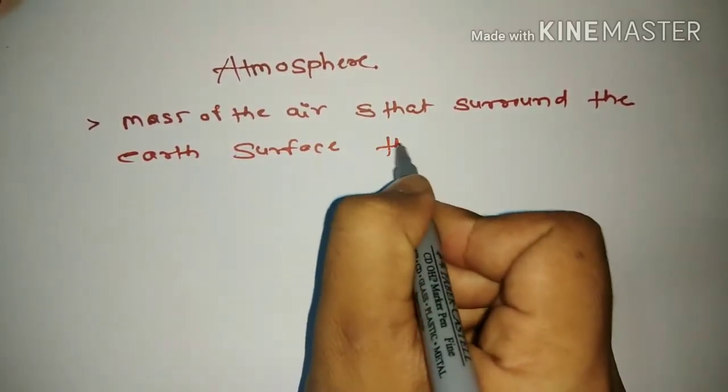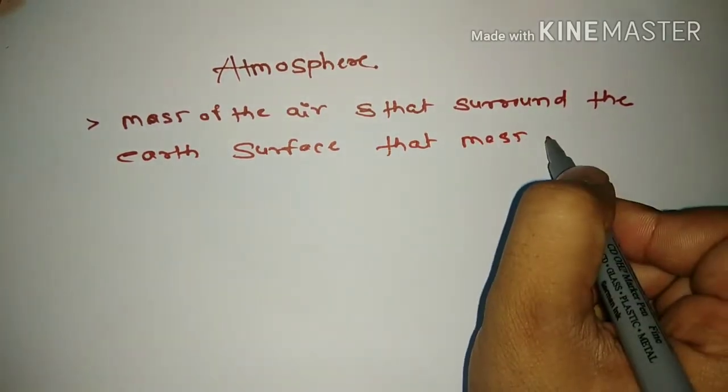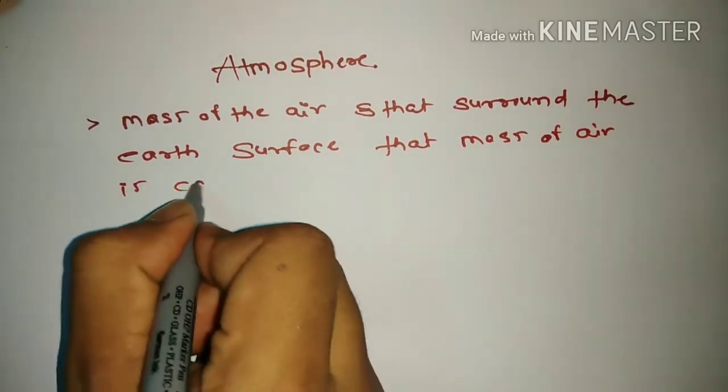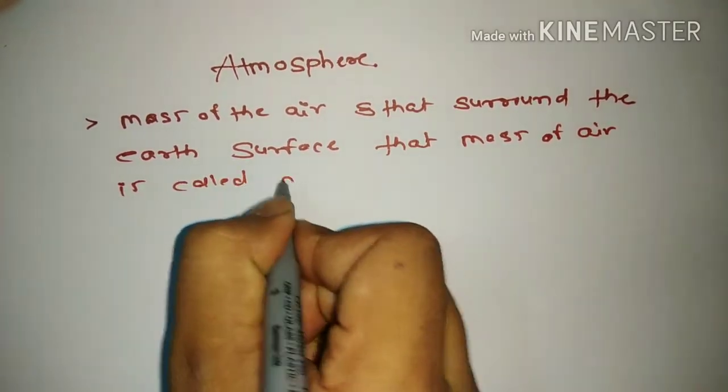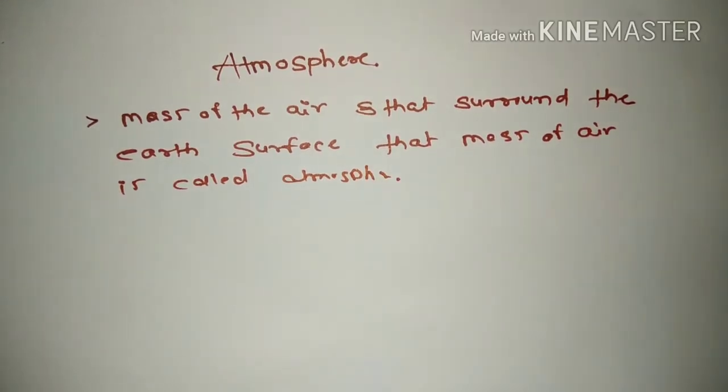Okay, that mass of air is called atmosphere. Okay, this is the simple definition of the atmosphere. Atmosphere क्या है? जो mass of air है around the earth, this is called the atmosphere.